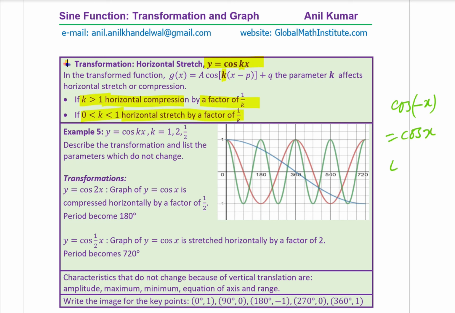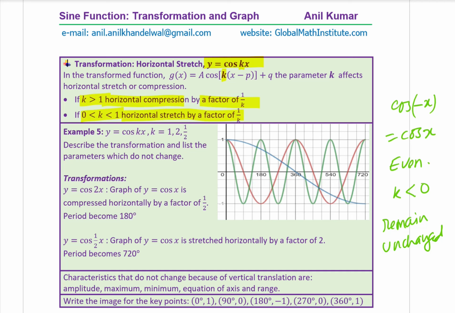So since it is an even function, if k is less than 0, it really doesn't matter. It remains the same, unchanged. Is that clear to you? Since cos of minus kx is equal to cos of plus kx.